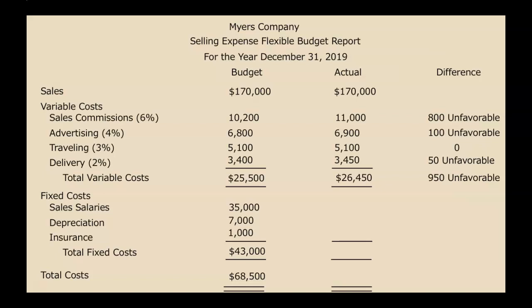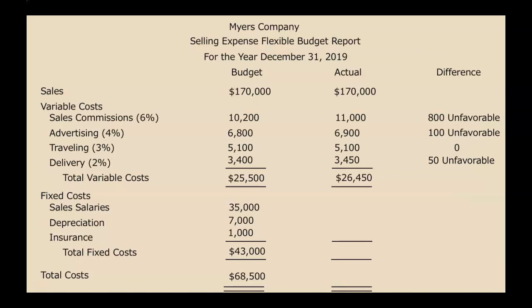A few different ways that we can find that $950. We can subtract our two different total variable costs, right? $25,500, $26,450, and we get this $950. Or we can look at just the difference column that we had. And going into it, we had 800 unfavorable, 100 unfavorable, 50 unfavorable.